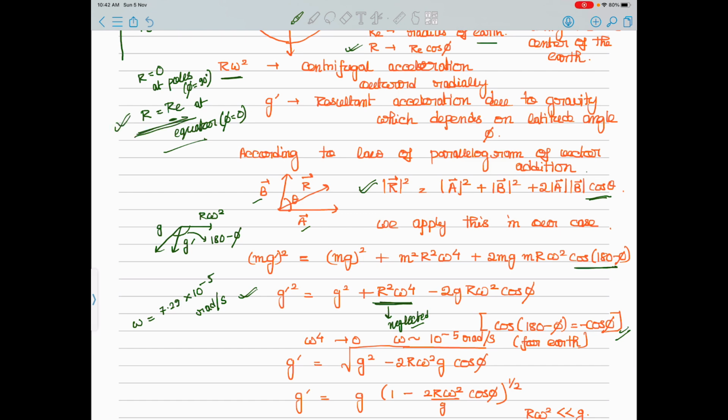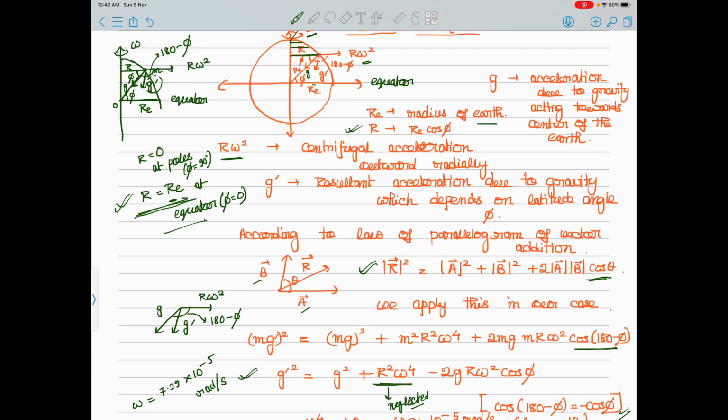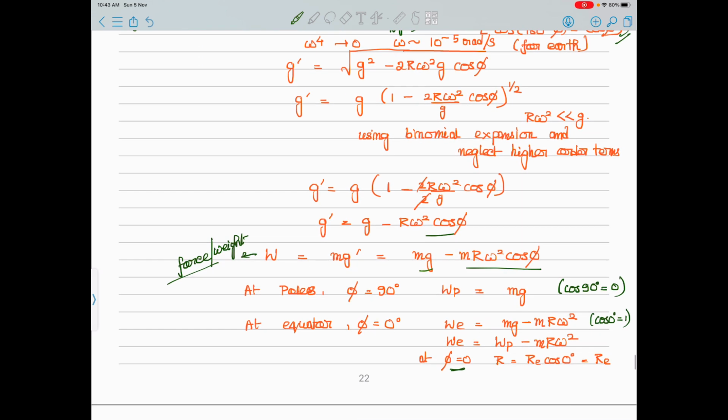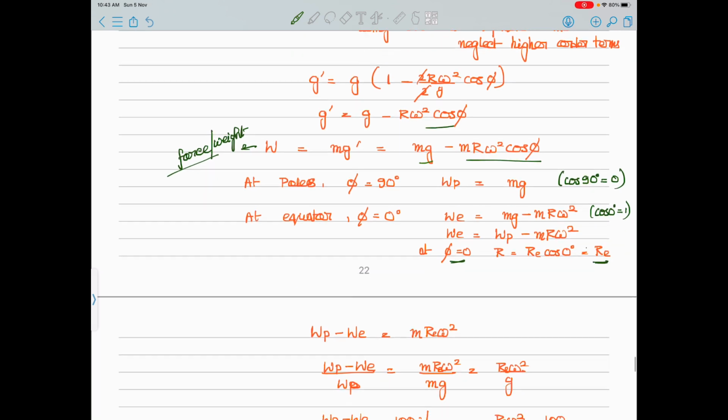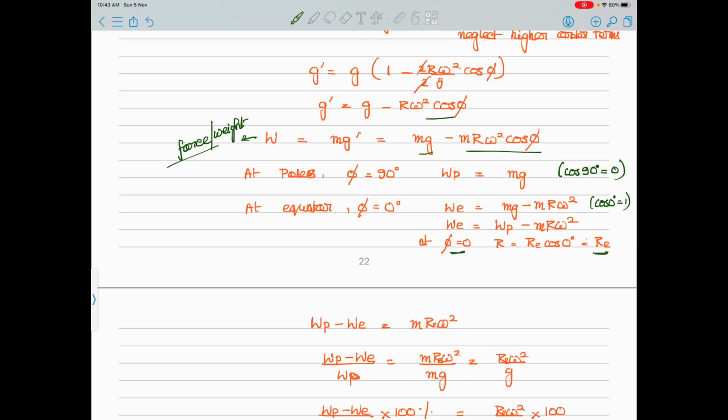You can go directly from the visualization, or from this particular formula also. If you put 0 degrees, r becomes re, the radius of the earth. Therefore WP minus WE is m re omega square, as r is nothing but re at equator.